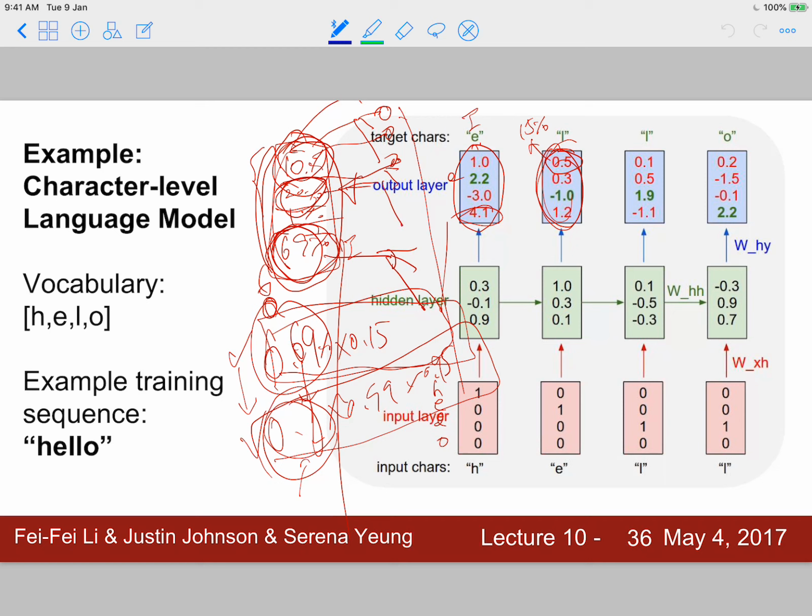Okay, and conceptually this is one example figure in our slide that performs this character level language model. Did I explain what the language model is?